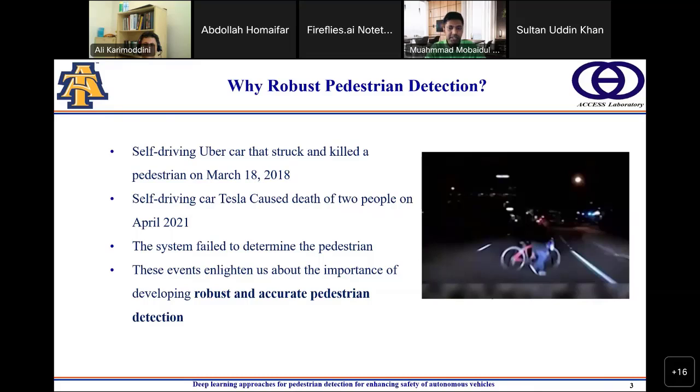One of the probable reasons behind the failure in detecting this person is that the lady's body was partially occluded and the background was complex due to the bicycle and low light environment. Another incident was with a Tesla self-driving car in April 2021, which caused the death of 2 people. So these incidents enlightened us about the importance of developing a robust and accurate pedestrian detection method.